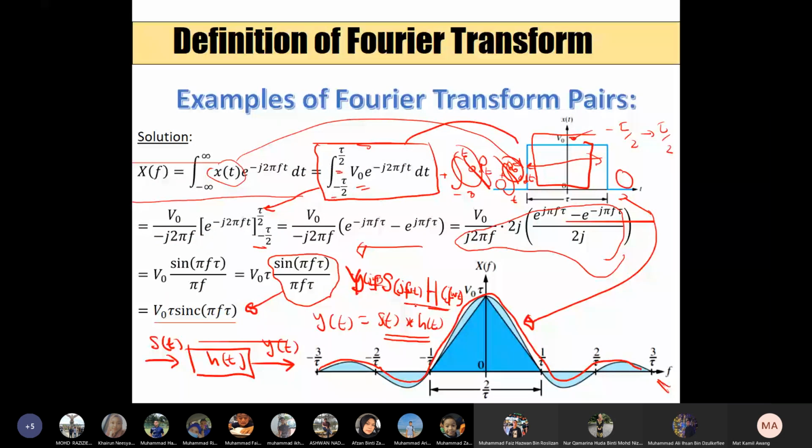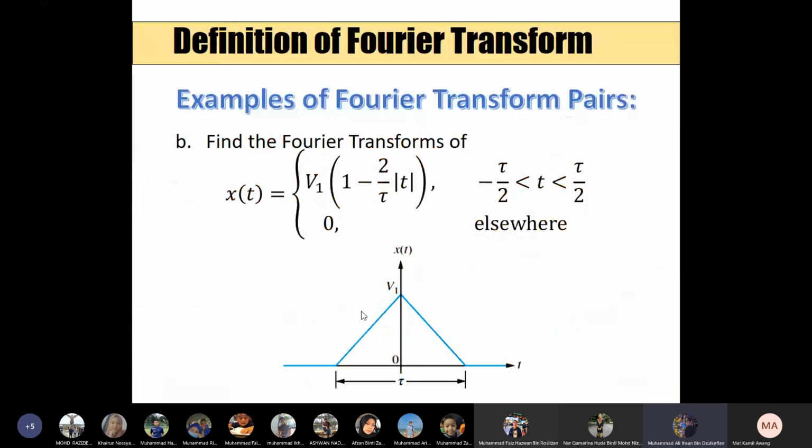So multiplication is easier to compute compared to the convolution. So that is the purpose that we learn this transform, so that when you have a system like this, you can do the analysis easier in the frequency domain. So you change the domain to do the analysis better.